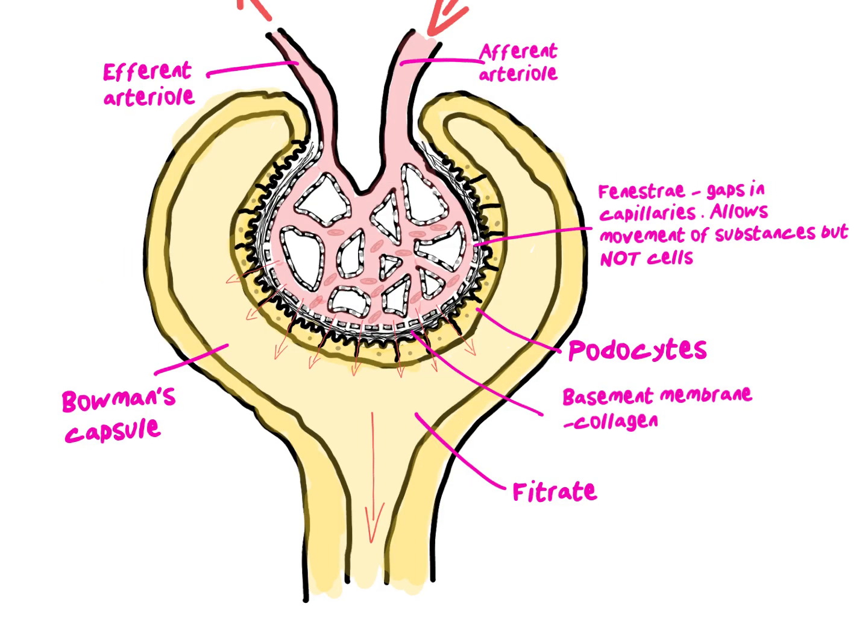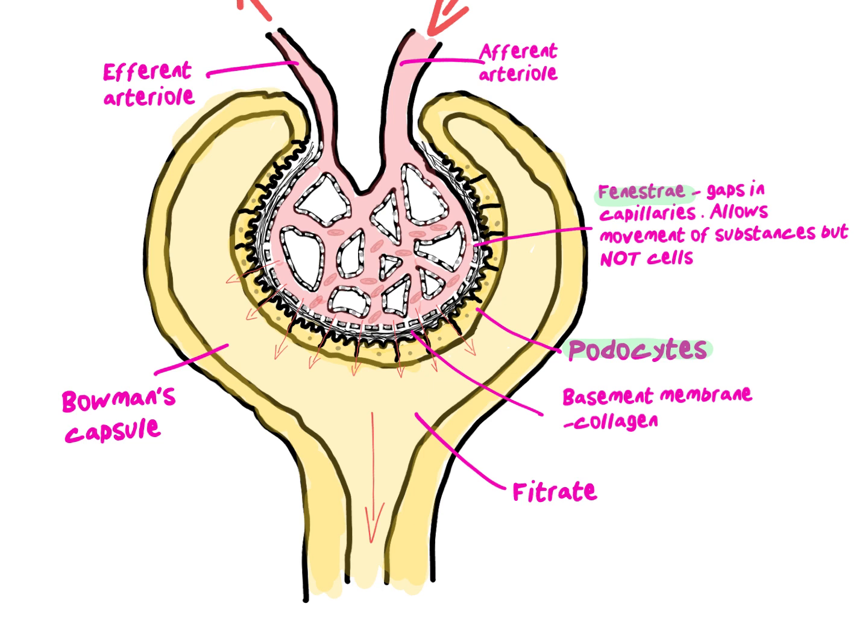Okay, so we've got some more keywords now. Some you don't need to know. For example, the fenestrae is not something you need to know. However, I think it helps understanding if we can talk about it. We've got podocytes, which I'm highlighting now. These you do need to know, and we'll cover those in a little bit. If you can't get the concept of what they are yet, don't worry.